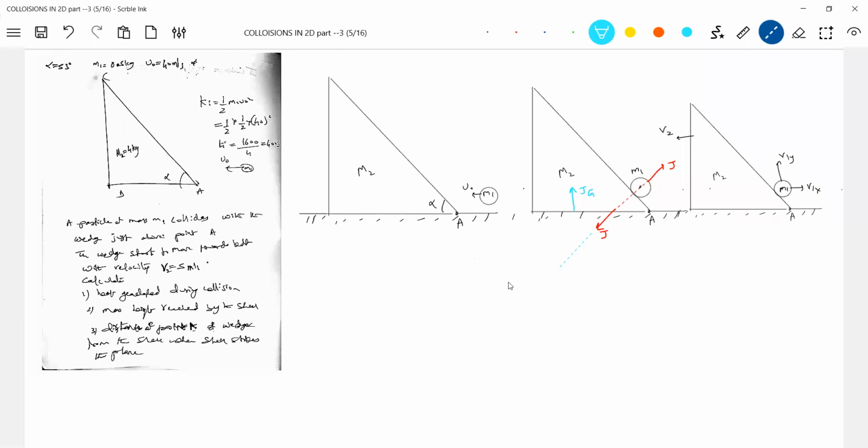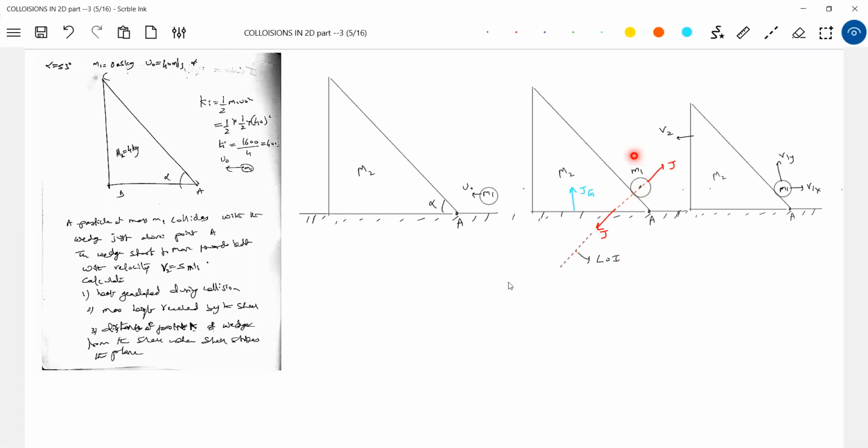There's a line of impact. Can I conserve momentum along the line of impact? The answer is no. Plus J minus J, okay. But what about the component of impulse by the ground on the wedge? It will be unbalanced. So momentum is not conserved along the line of impact.